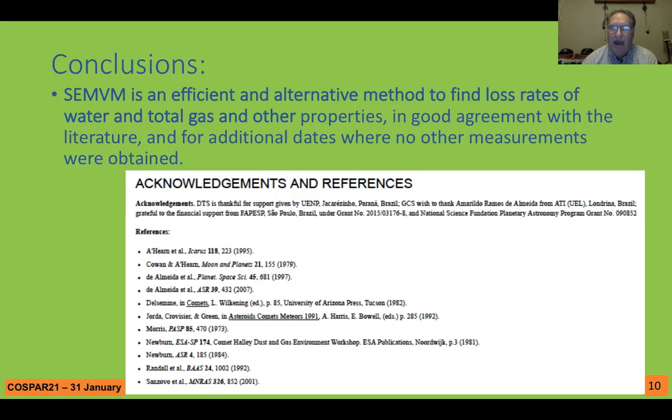We can fill in that part of the behavior of the comet. So if we're looking, for instance, for outbursts or diurnal variations, we have a cadence of measurements which is much more frequent with the approach that we're using than we could ever have from using major telescopes from the ground or space-based observations.